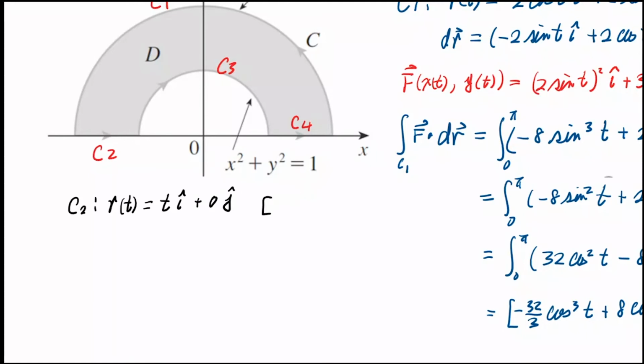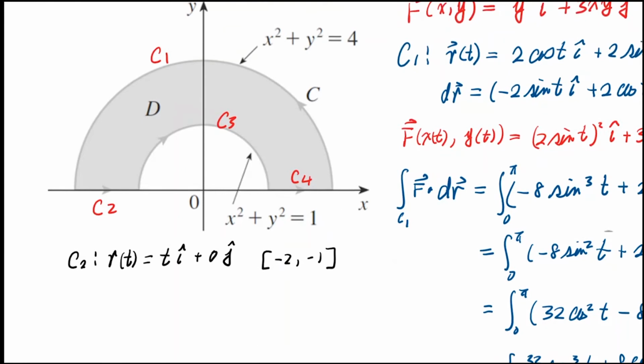And then my t can vary from -2 to -1. Or you can have this thing from -2 plus t, and then have t vary from 0 to 1. Whatever, it really doesn't matter. Do you know why it doesn't matter?